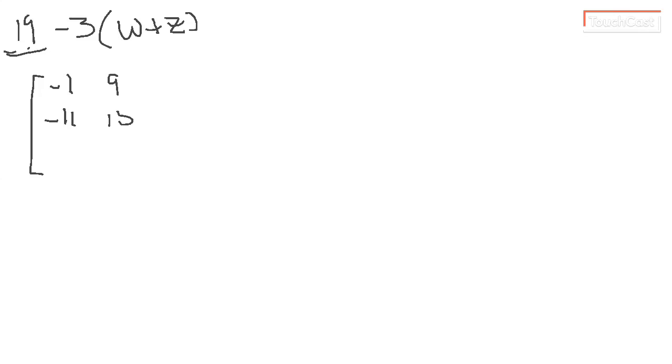For 19, we're going to take -3 and we're going to multiply that by w plus z. So in this case, we're going to first take w plus z and then multiply everything by -3. So let's first do the w plus z operation. We're going to have -1, 9, -11, 15, 8, and -20.